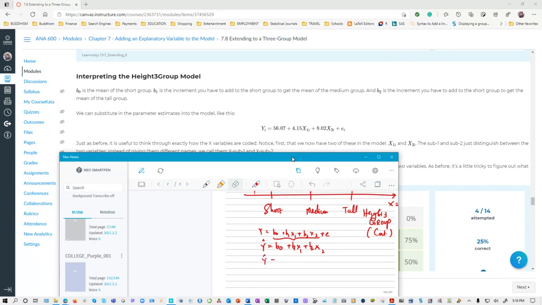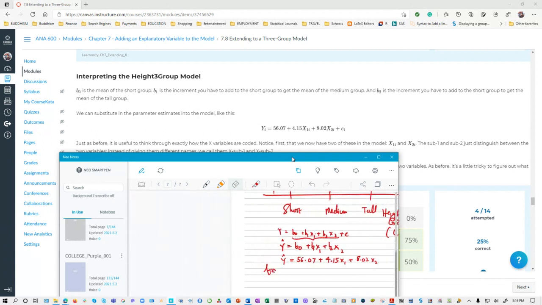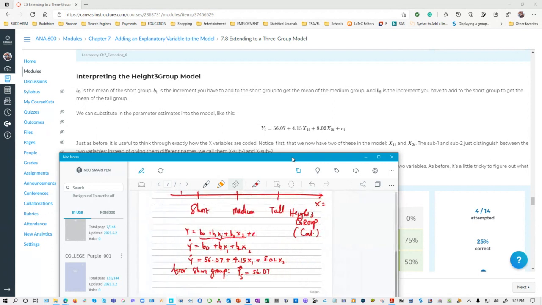So I can say y hat is 56.07 plus 4.15 x1 plus 8.02 x2. For the short group, y hat is 56.07 plus 4.15 times 0 plus 8.02 times 0.